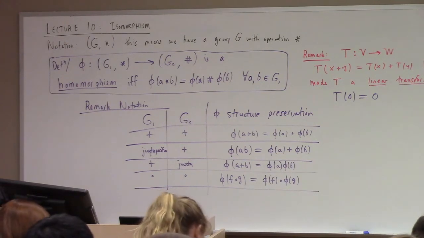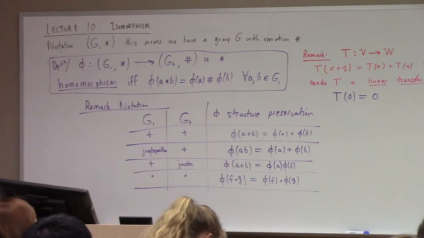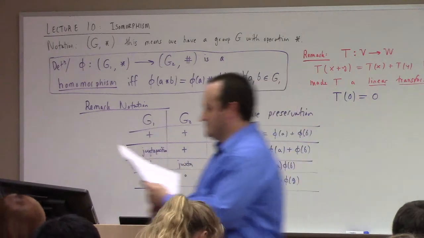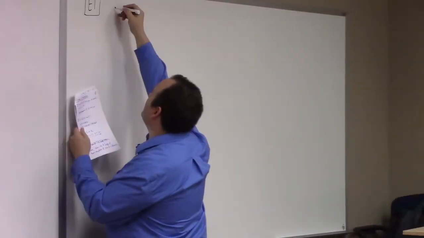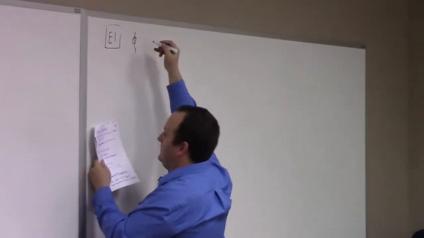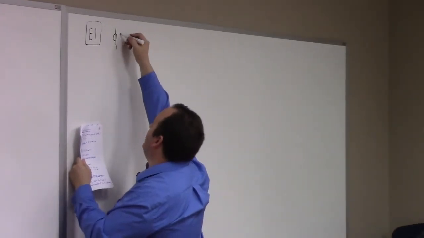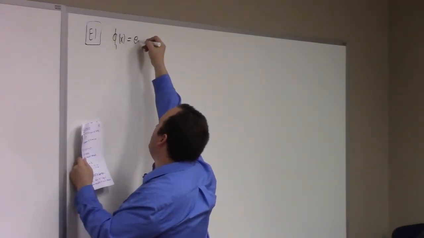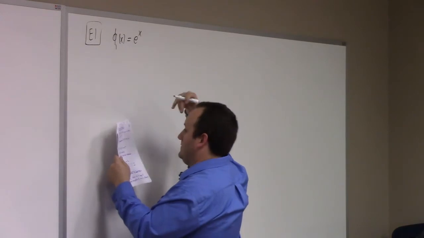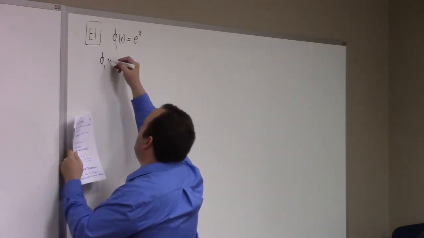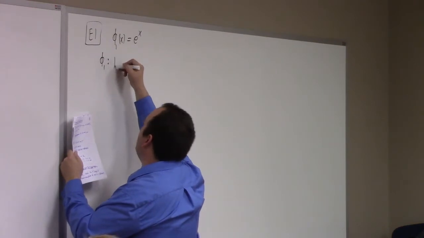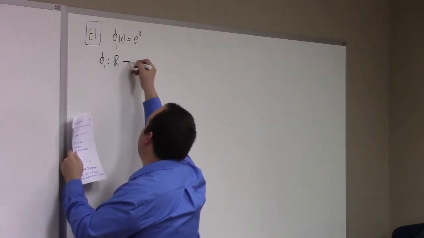Okay, so some examples. I have 3 examples. Example 1. We could let phi1 of x equal e to the x. And here phi1 is going to be a function from the reals to where?